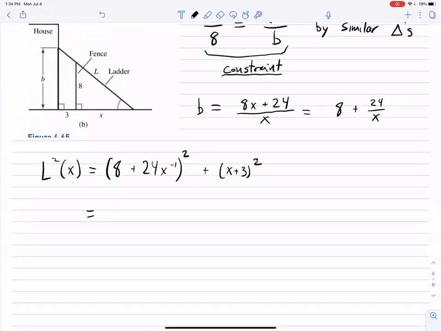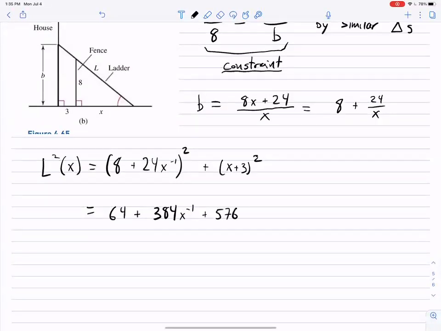Let me simplify this a little bit. This will be 64 plus 8 times 24 times 2, which is 384, so 384 X to the minus 1, plus 24 squared. 24 times 24 is 576, so 576 X to the minus 2, plus, and let's expand this one, X squared plus 6X plus 9.